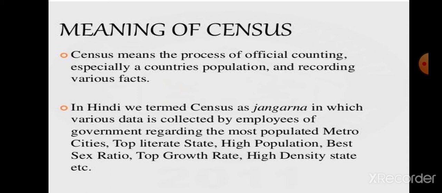This all comes under the census. Anyway, what is meant by census? Census is collecting the data or information about the population throughout the country once in every 10 years. We call it census.